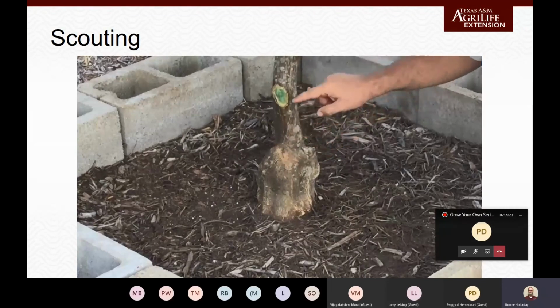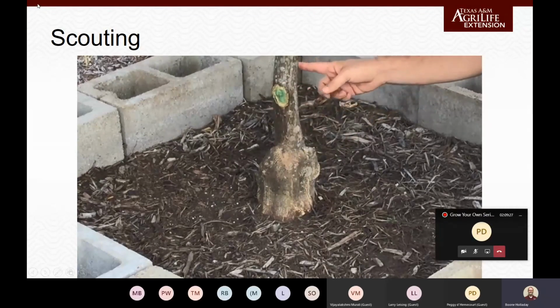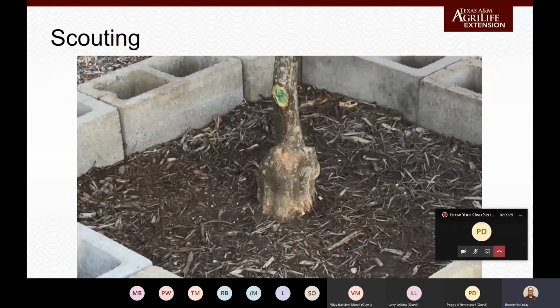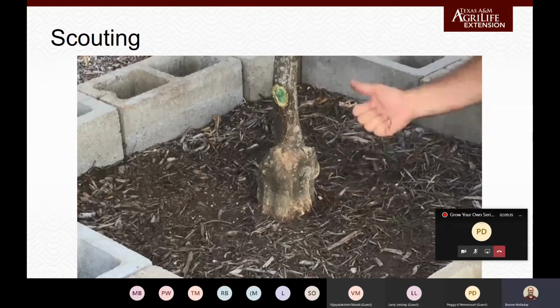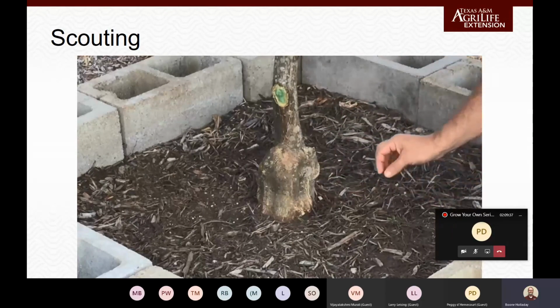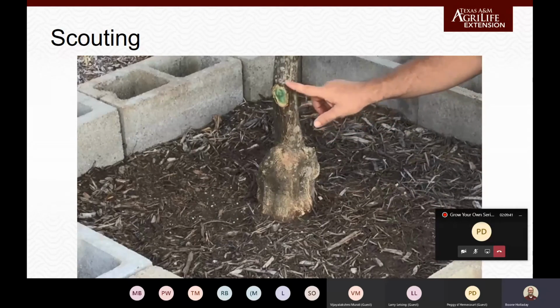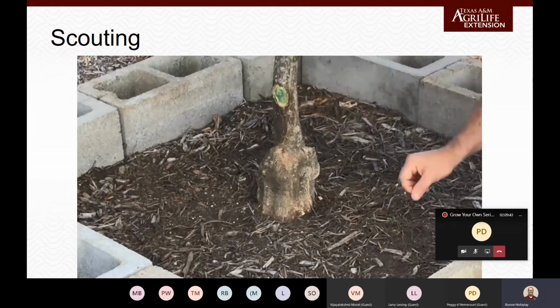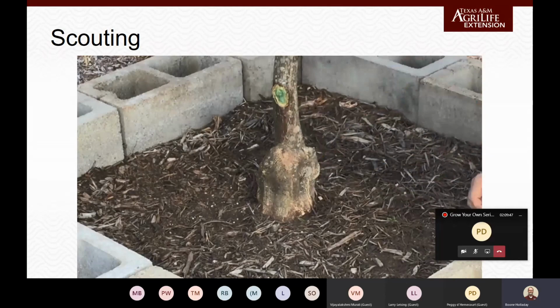This is probably going to end up losing the bark around this area and back here. So we would just watch this. If this gets real bad and the tree starts going downhill, we would want to get this out of here. But again, a good example of what not to do with pruning is to allow these bacterial soft rot infections to start developing on the tree.